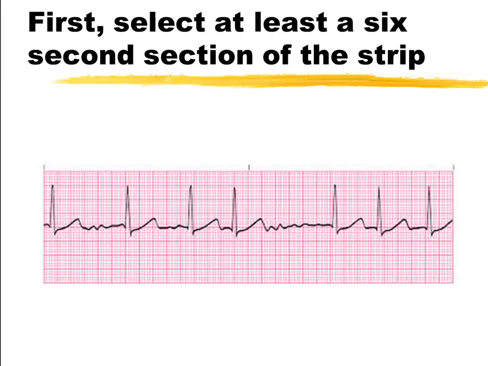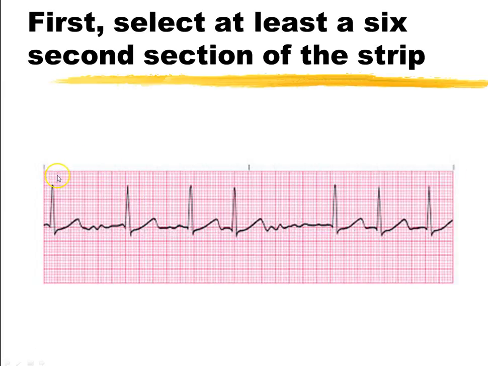So first, make sure that you have a full 6-second strip. You can do that by counting the boxes, or sometimes they'll have little hash marks, like on this one right here. If you see over to the left, you have a hash mark there, a hash mark in the middle, and then a hash mark at the end.